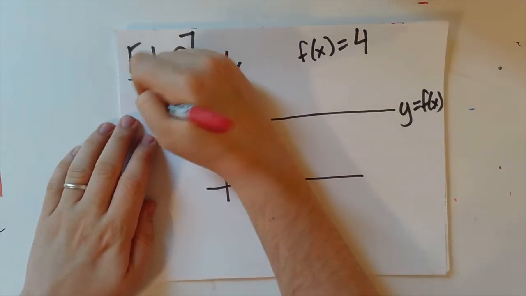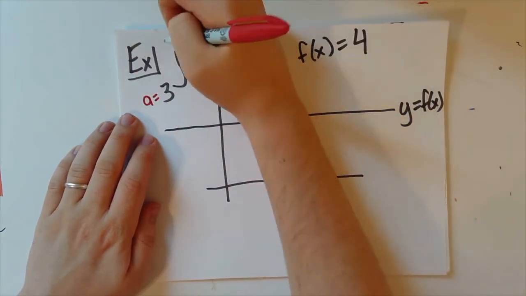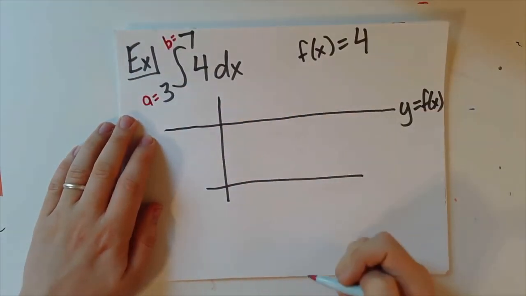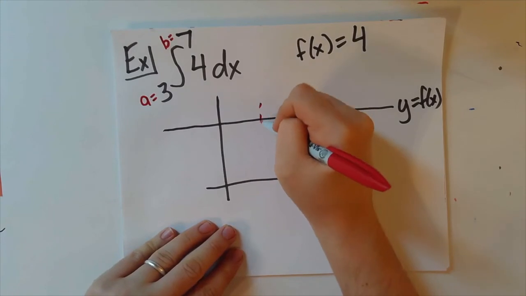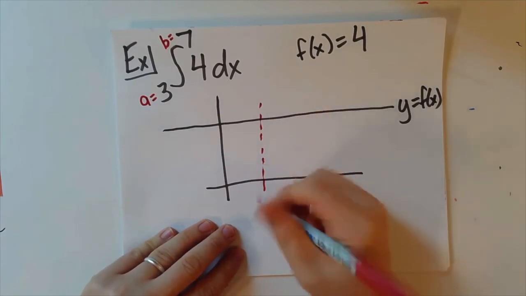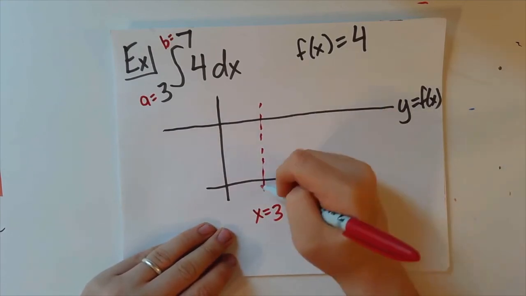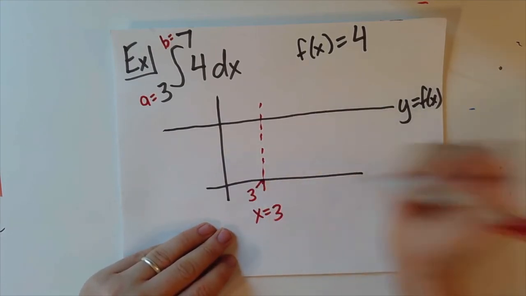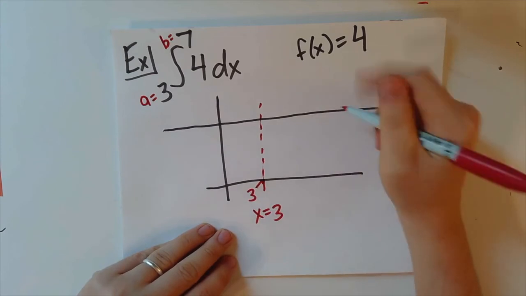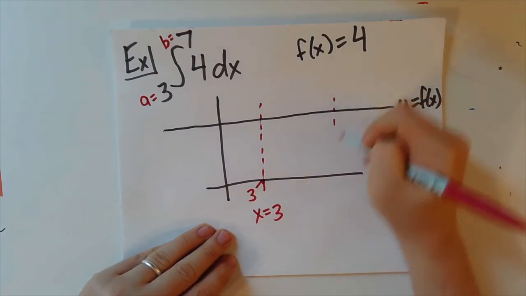And so here is a, here is b. Okay, so I'll draw in x equals 3. And all this being x equals 3 means is that this point here, that's the 3 on the x-axis. And I'll draw in x equals 7.